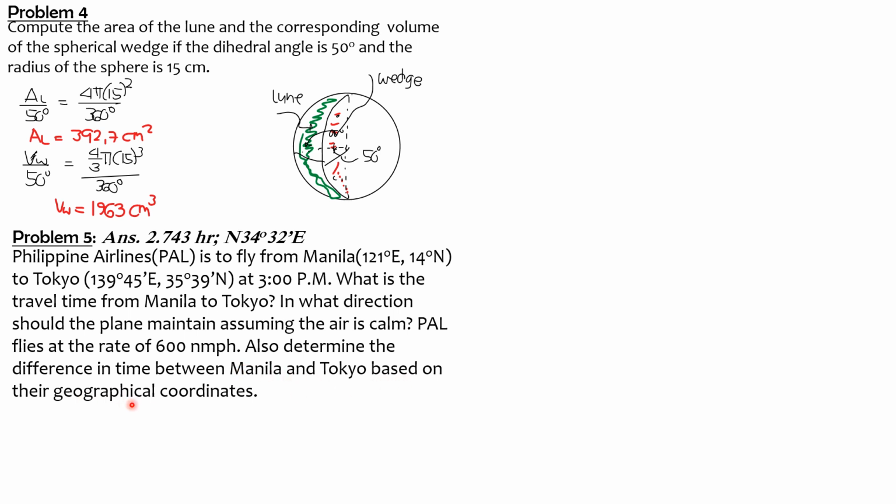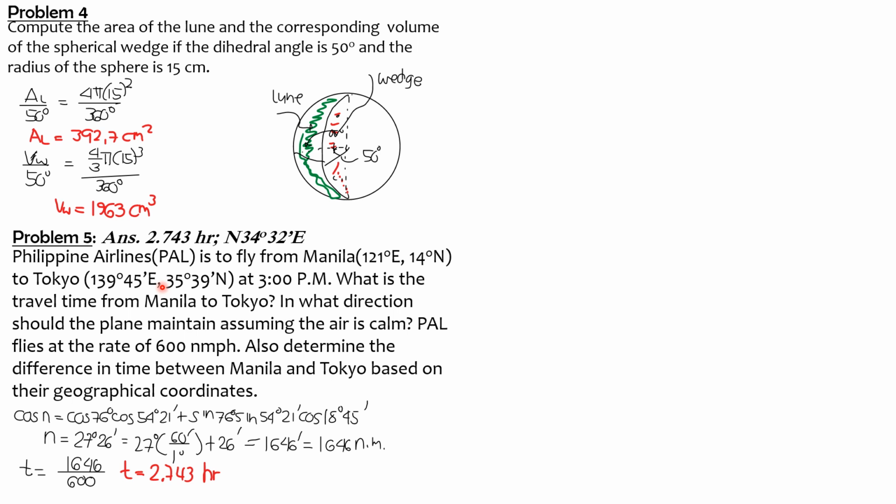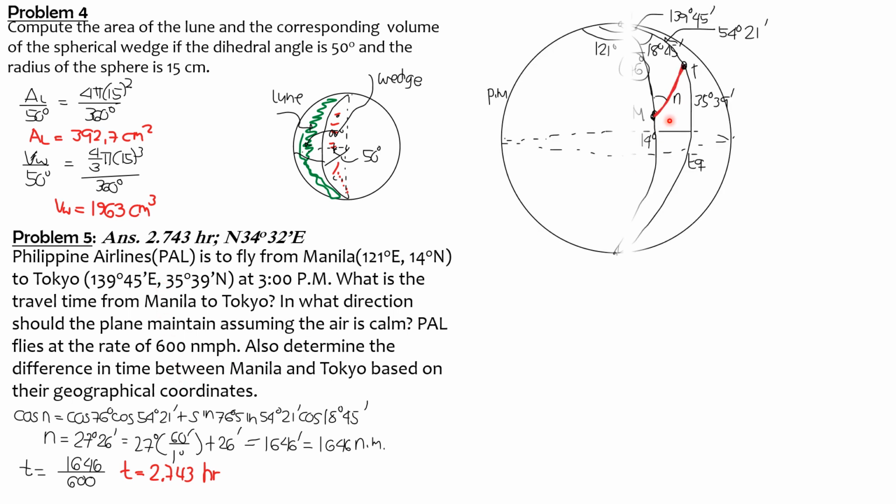So let's draw the globe, then prime meridian, the meridian through Manila, and the meridian through Tokyo. So they lie on the same side east of the prime meridian, with Tokyo the farther meridian because it has greater longitude.